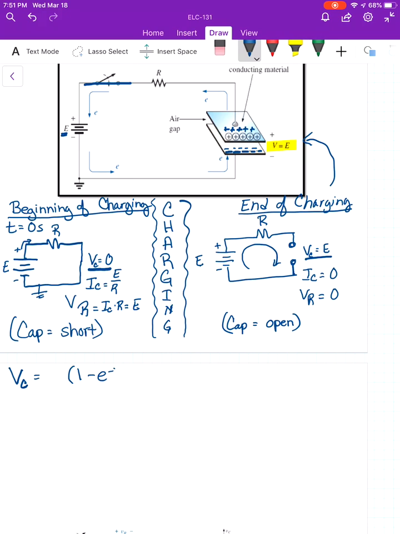1 minus e to the minus x. We'll talk about what that x is in a minute. But then what is that maximum voltage in the end? In this case, it's E, okay?